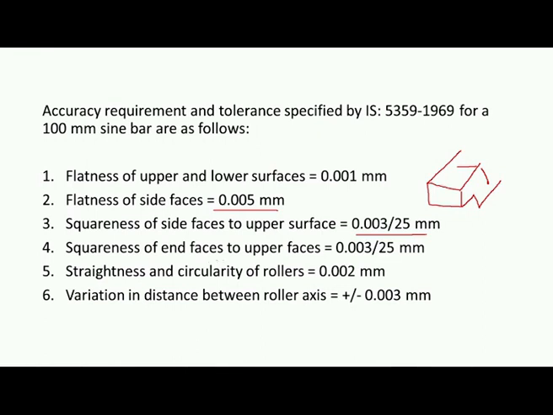Similarly, squareness of end faces to upper surface should be within 0.003 per 25 mm, and straightness and circularity of rollers should be less than 0.002 millimeter. Variation in distance between roller axis should be less than plus or minus 0.003 millimeter.